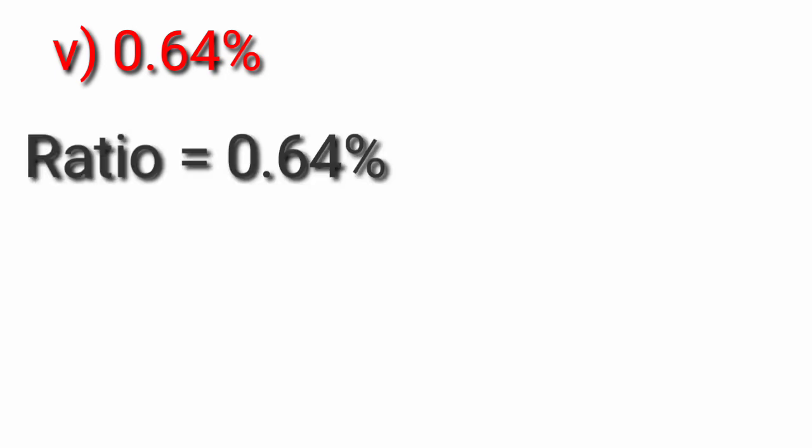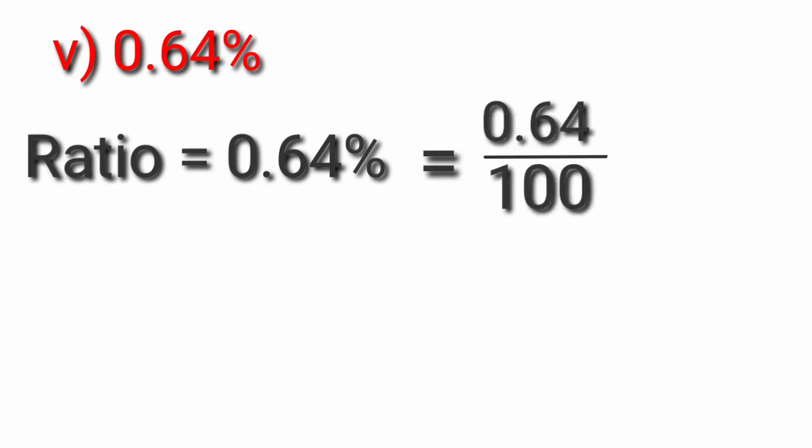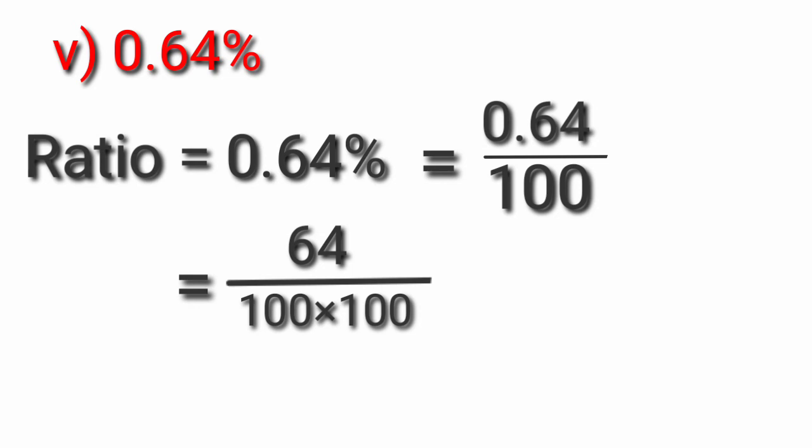Fifth, 0.64%. We have to express this percentage as a ratio. So 0.64% is equal to 0.64 upon 100. 0.64 multiplied by 100 is equal to 64, or we can shift the decimal place. It is equal to 64 upon 100 multiplied by 100.